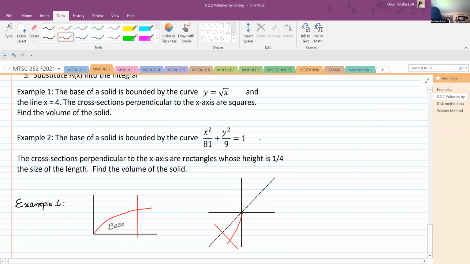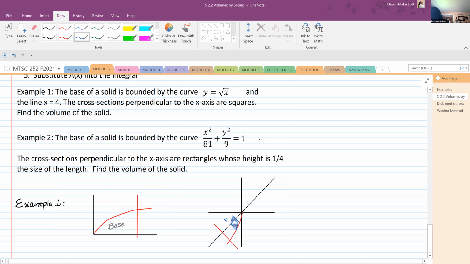So that means that if I were to draw any line, let's say here, so I choose this value of x. And for that value of x, what is sticking up out of the plane are squares. So as you can see, that is the area of my cross section.